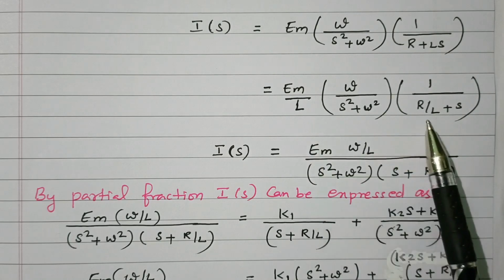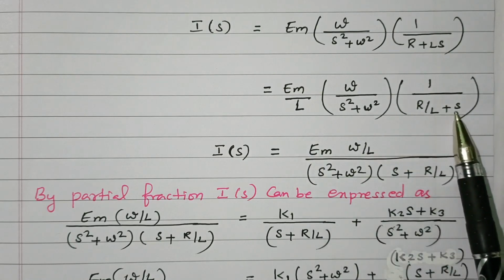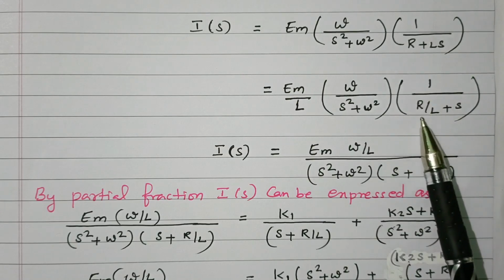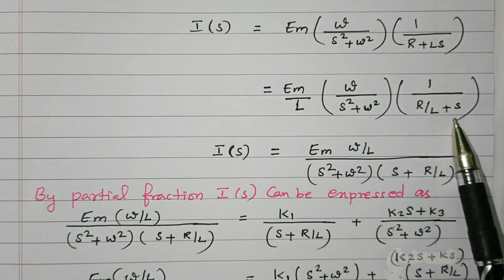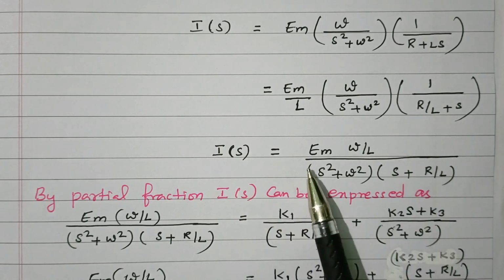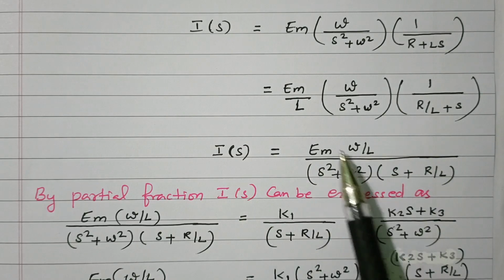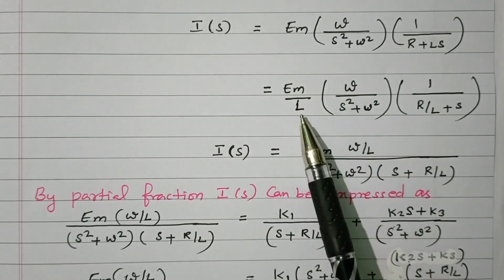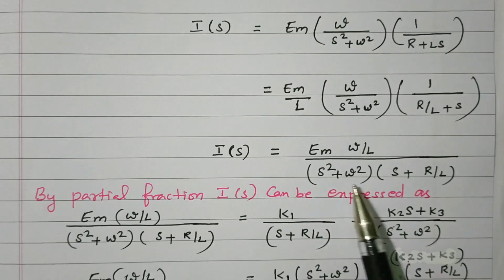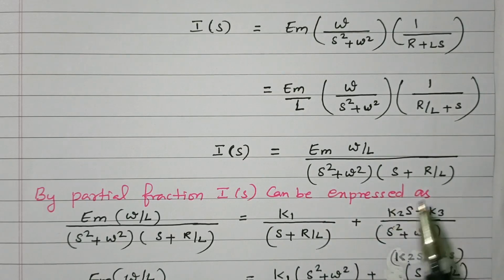While taking L outside, it is S plus R by L. So we can write I of S equal to Em omega divided by L, divided by S square plus omega square as one term, and S plus R by L as one term.